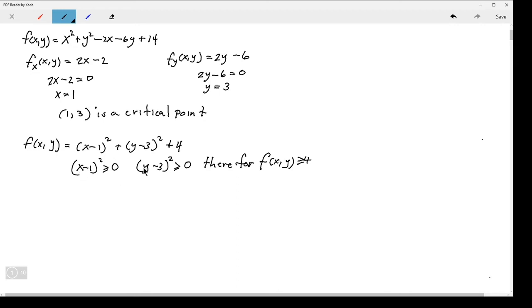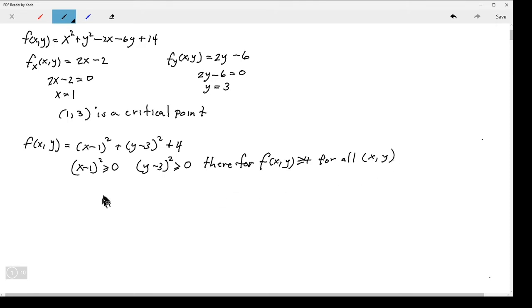If x or y is anything other than 1 or 3, this is going to be positive. So that makes the function always greater than or equal to 4 for all x, y.